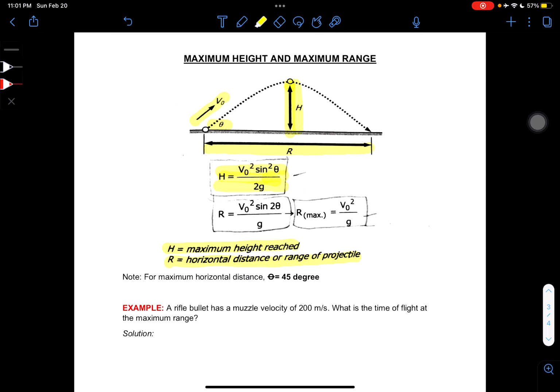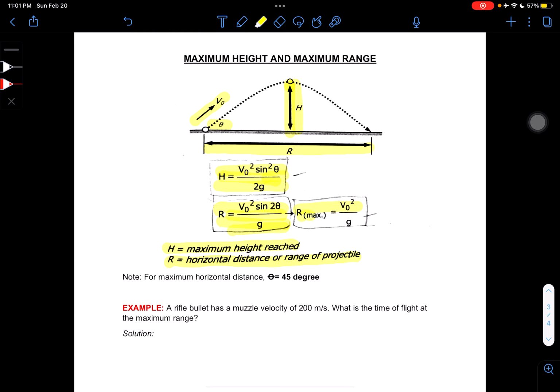So put tayo formula for solving the R, the horizontal distance. We have V0 squared multiplied by sine of 2 angle theta, divided by the gravity. So sa atong horizontal distance, so naabot tayo maximum.